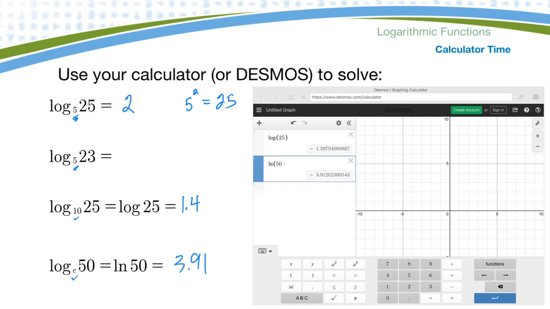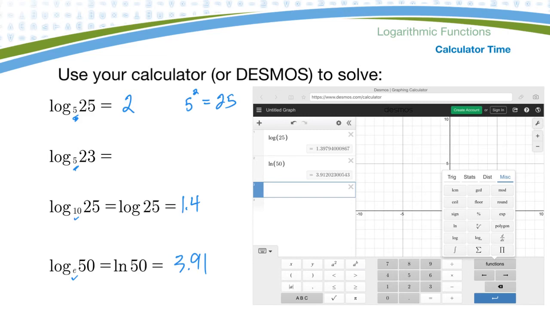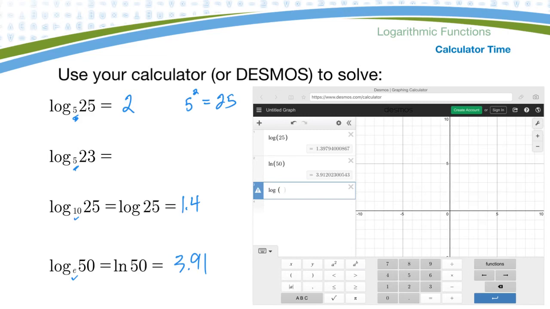We can test it on decimals too, if we want. So log, let's do that fancy log button. So this log with an A on it, that's a good one. So the A, that's our base, would be 5, and then we're taking the log of 25. Whoops, 25. So that comes out to 2.